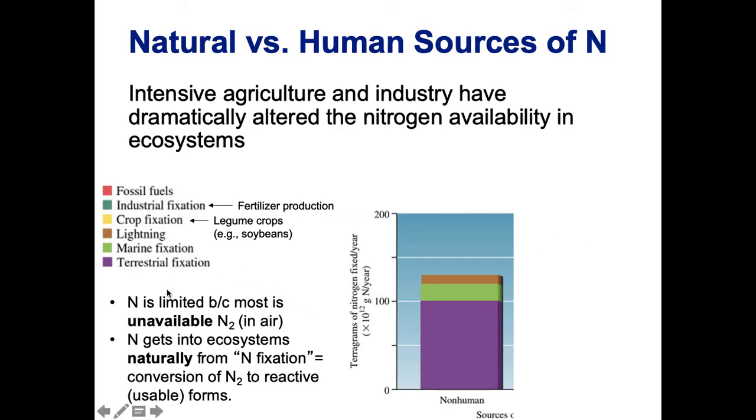is N2. And some of you may remember from chemistry class what's special about N2. It has a particular type of bond that makes it very unavailable, even though there's tons of it in the air. The answer is that it has a triple bond.